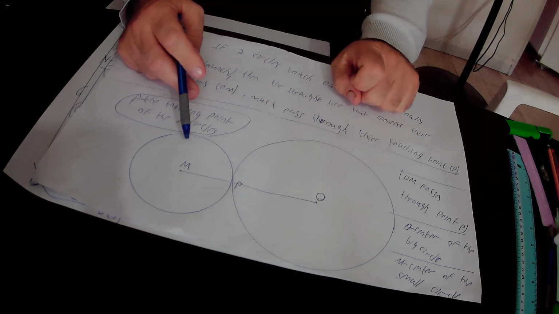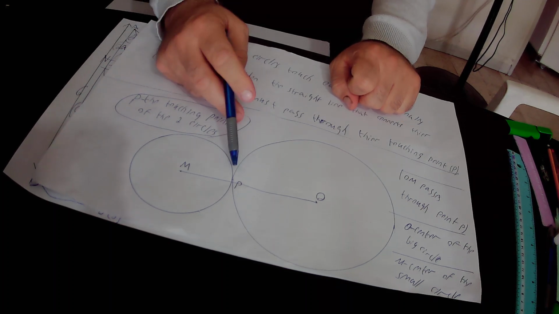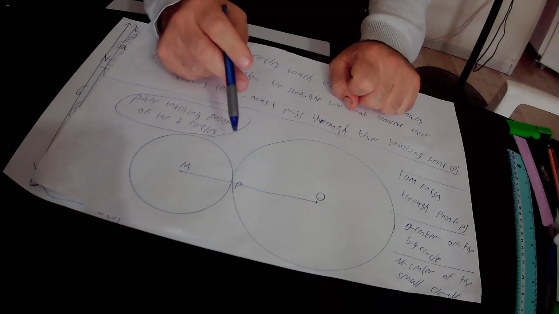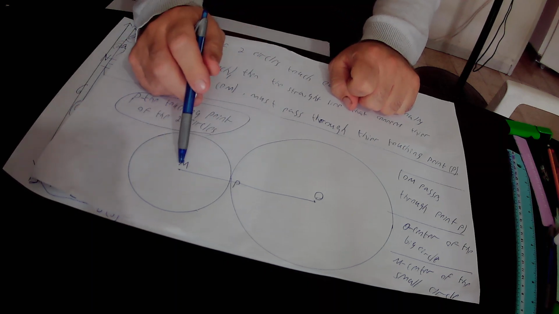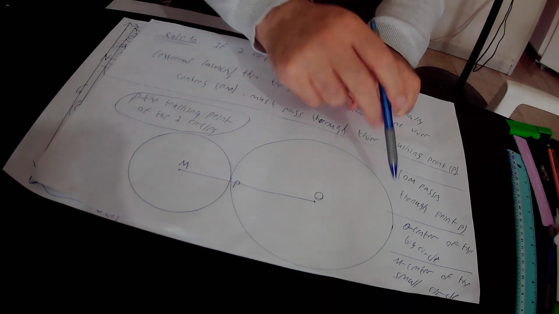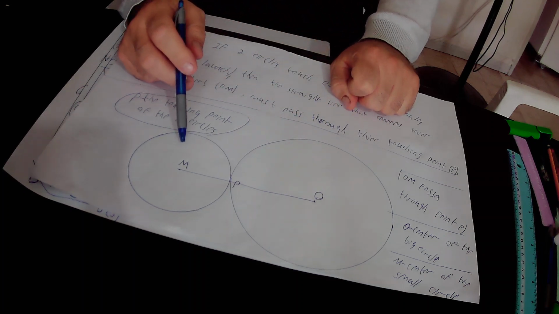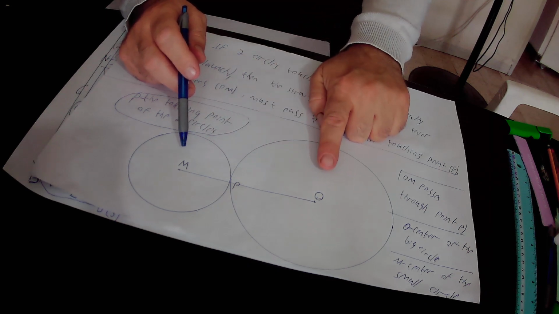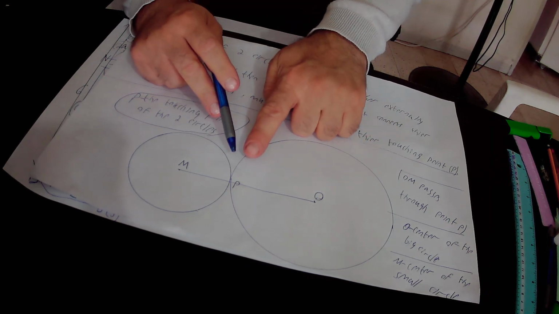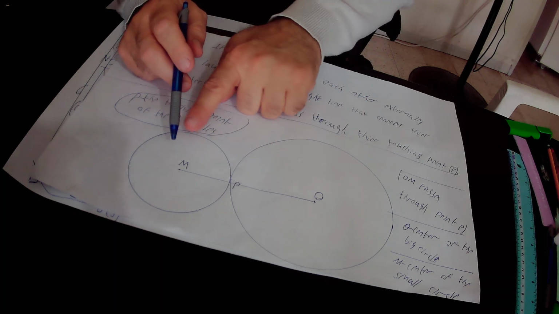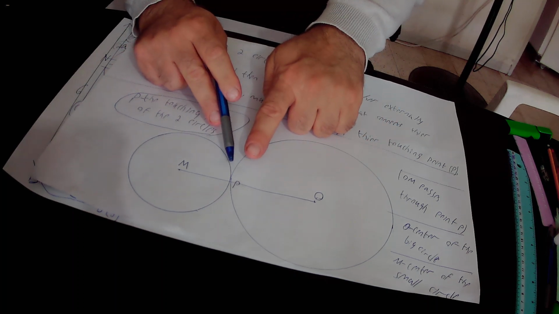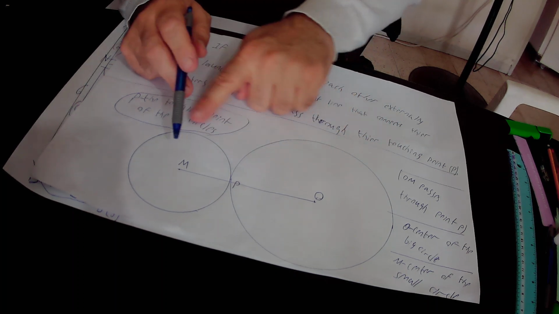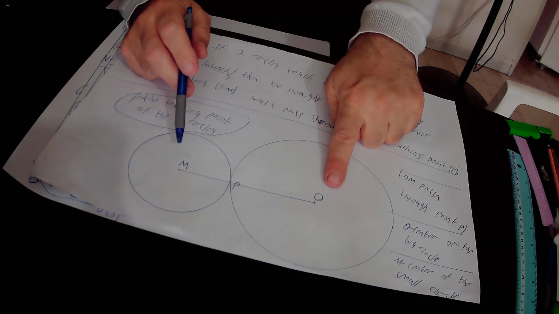Those two circles have an external notch between them at this point, point P. That is to say, they are touching each other externally at point P. The center of this small circle is here at point M. The center of this big circle is here at point O. The straight line that connects the centers together is of course the straight line MO. So this straight line MO must pass through point P, that is their touching point. Again, MPO is one straight line.